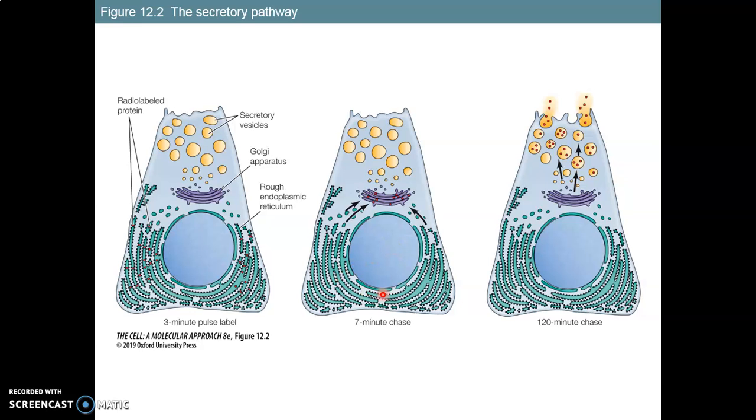After about 7 minutes, we find that those have moved on to the Golgi apparatus. So here we have hard evidence showing that they start off here and move to here. And then further on, if we wait even longer, we'll see these accumulating in the secretory vesicles, and then ultimately we see them secreted into the exterior.